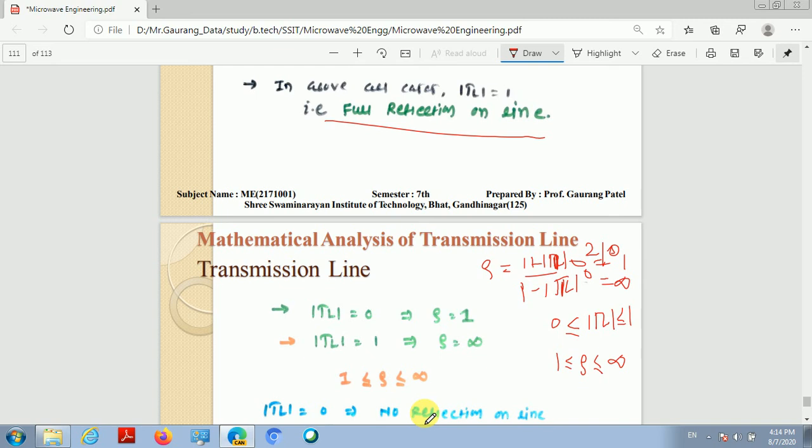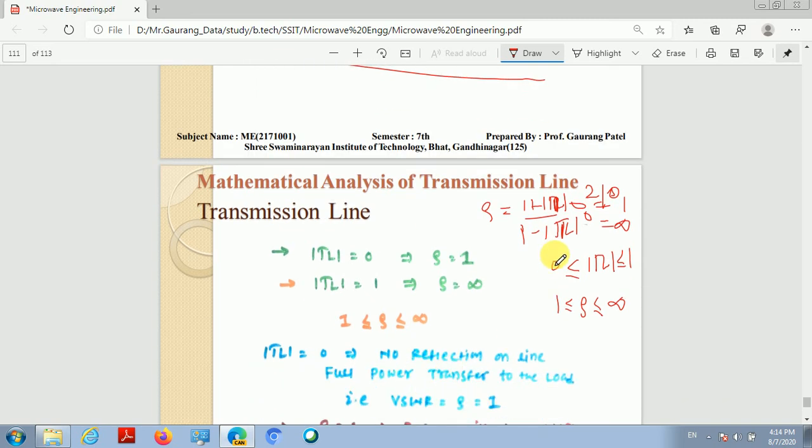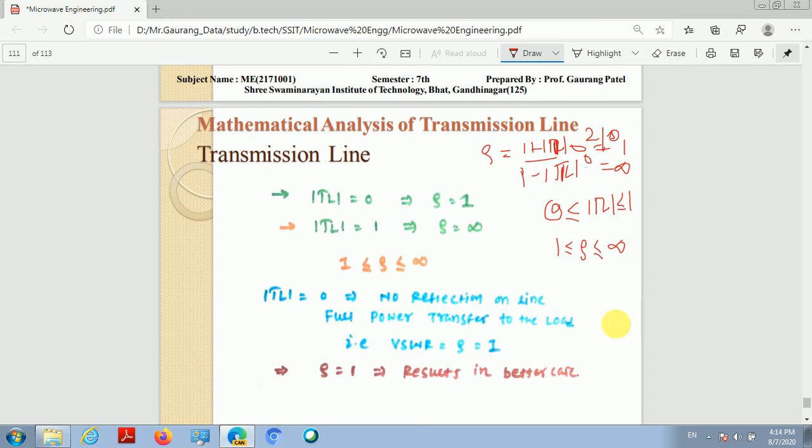And when mod gamma L, the magnitude of the reflection coefficient, is 0, it means that there is no reflection on the line and full power transfer can take place from generator to load. So when the value of the VSWR is 1, that is the best matching condition. When the VSWR, voltage standing wave ratio, is 1, it means that there is no standing wave on the transmission line and full power transfer takes place.